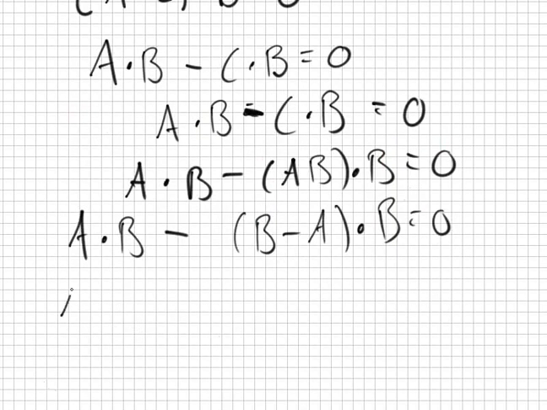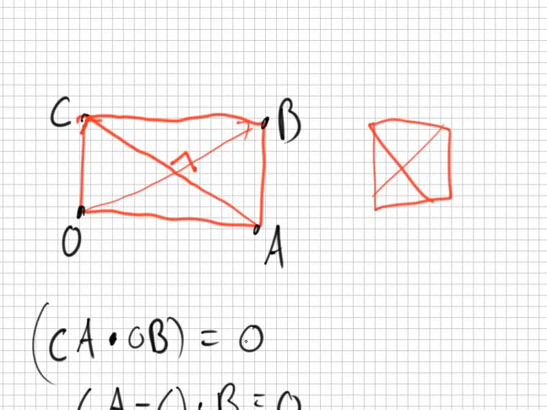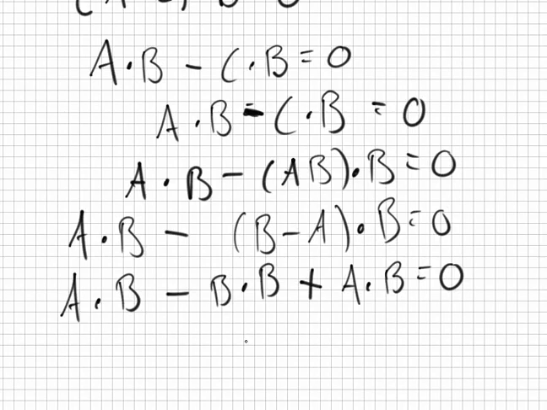So A dot B minus B dot B, and then minus minus plus A dot B equals 0. Okay. Now let's see where I'm going with this. Ah, rats. Yeah, I actually don't want A and B, I want A and C. Do I?